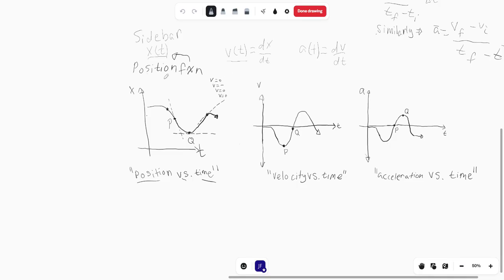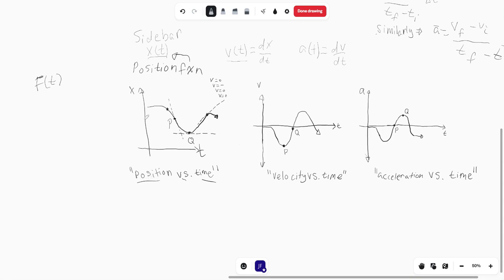We're going to start with what's called a position function, our x of t right here. This format, f of t, is function notation, a function of t. So the x of t in this case is going to be our position function.